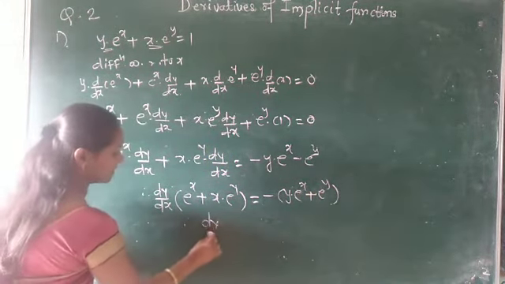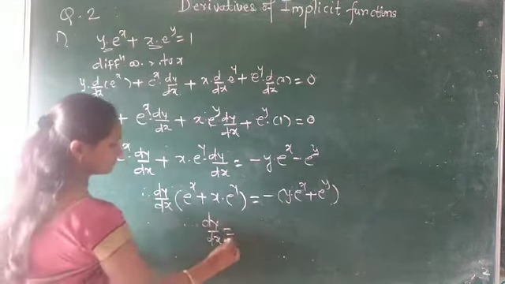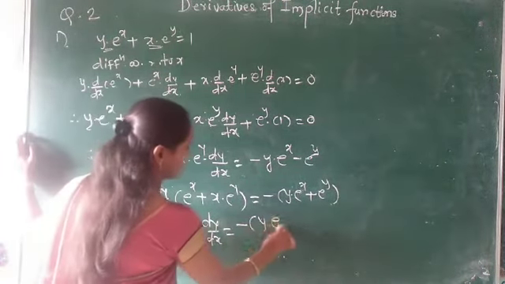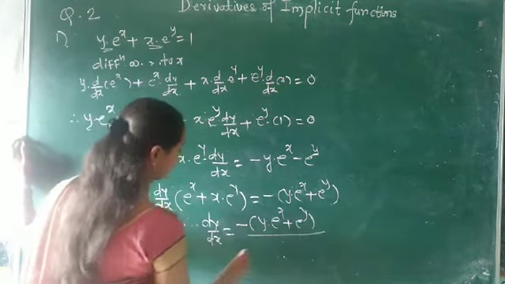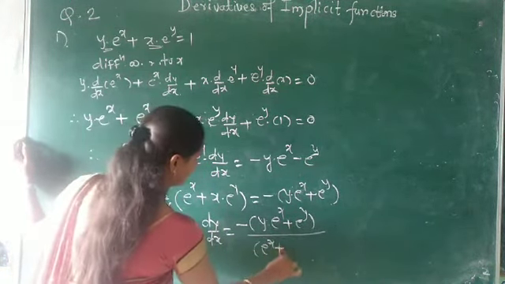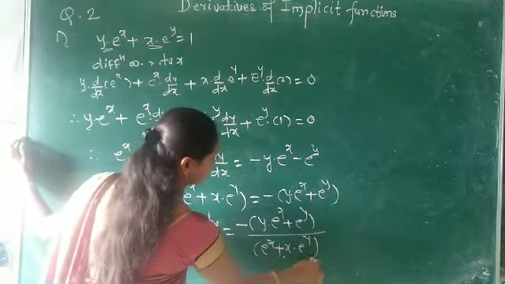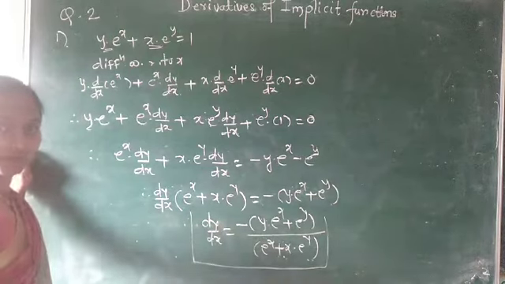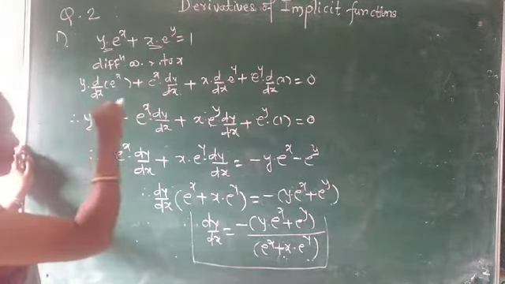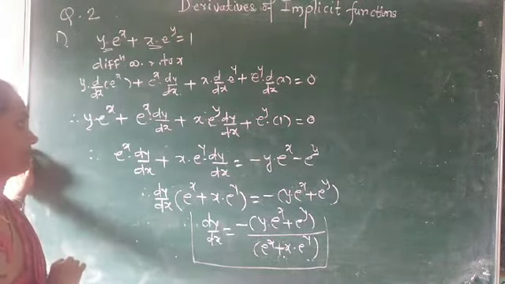Therefore dy upon dx is equal to y e raised to x plus e raised to y divided by e raised to x plus x into e raised to y. Again this is our dy upon dx.